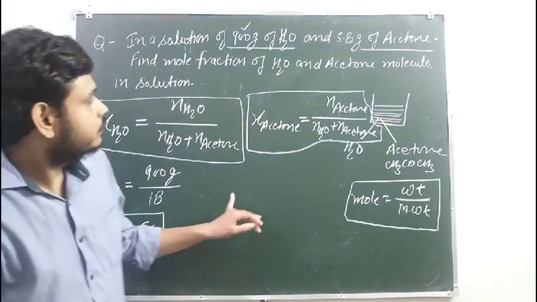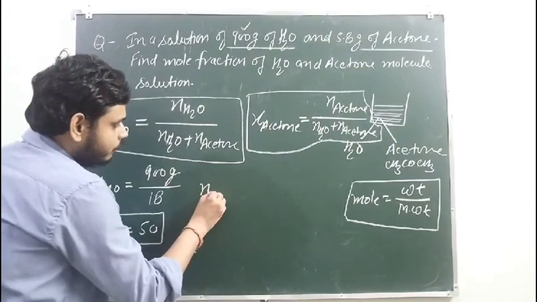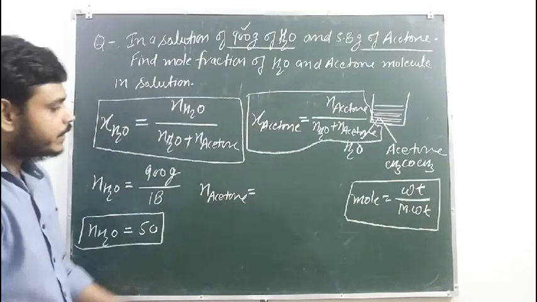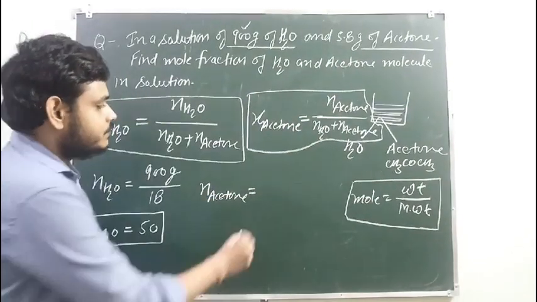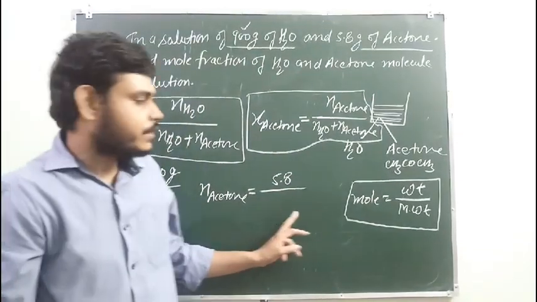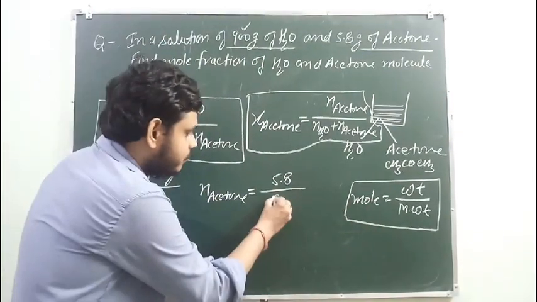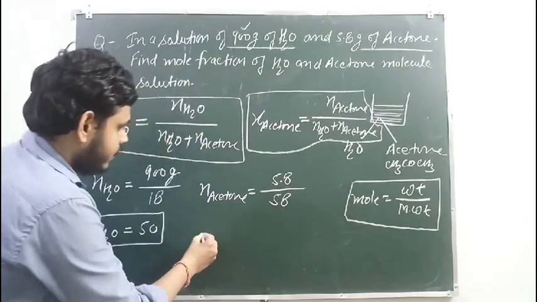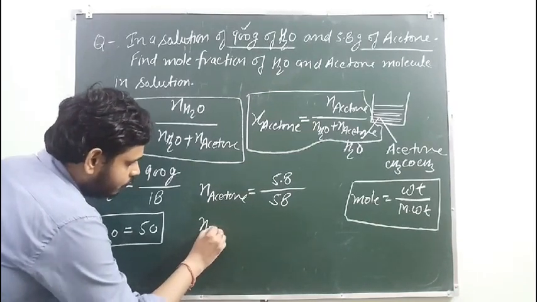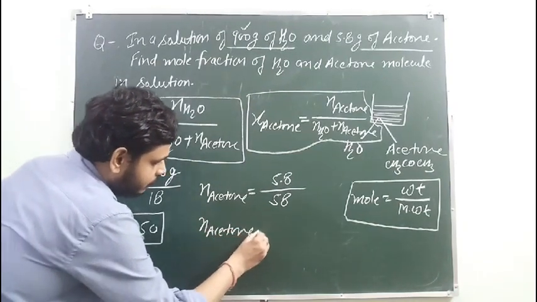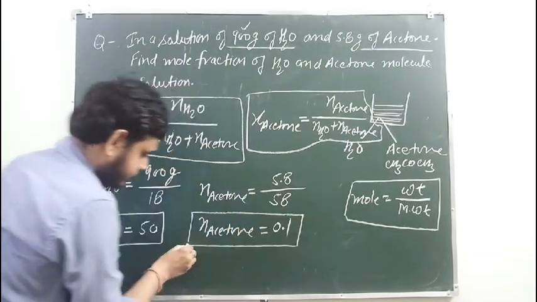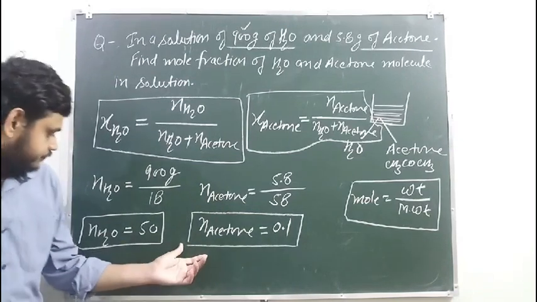And the number of mole of acetone is equal to weight of acetone, that is 5.8, divided by molecular weight of acetone, that is 58, and number of mole of acetone is equal to 0.1. Clear?